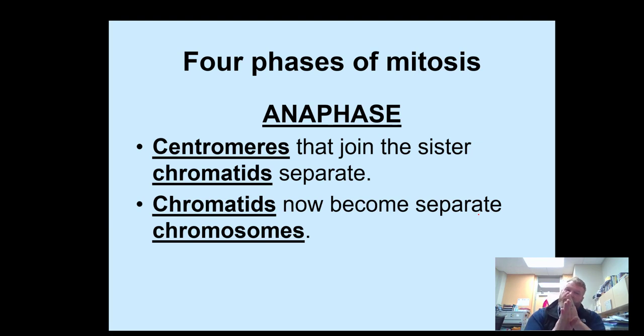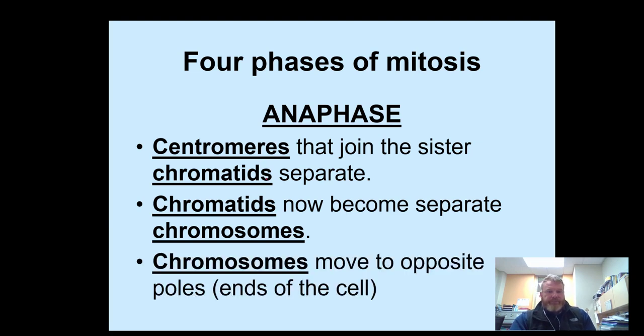So when they line up in the middle, they have to get separated out evenly. This is the cell's way of making sure everything is separated evenly. They move to opposite poles, they pull apart, and then eventually we're going to pinch off that little section in the middle and make two new cells.